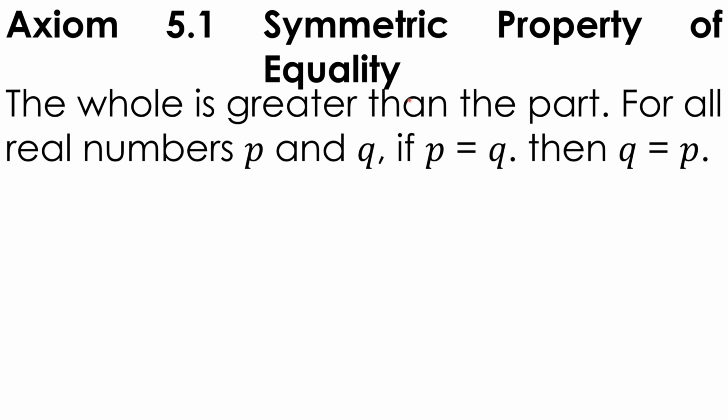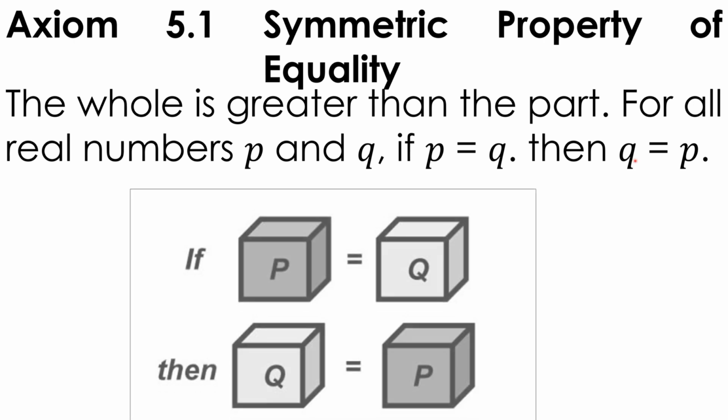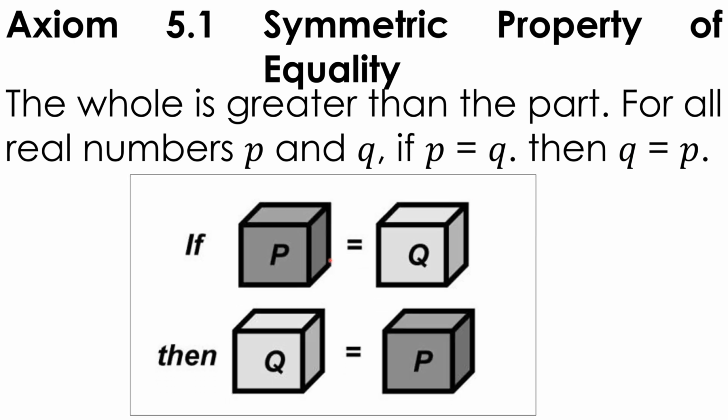Now, for all real numbers P and Q, if P is equal to Q, then Q is equal to P. We have here the figure. So if P is equal to Q, then Q is also equal to P, because both are equals or symmetric.